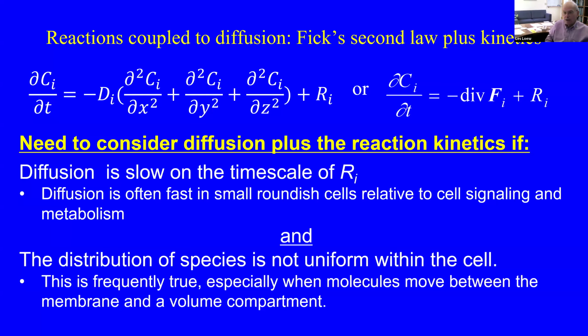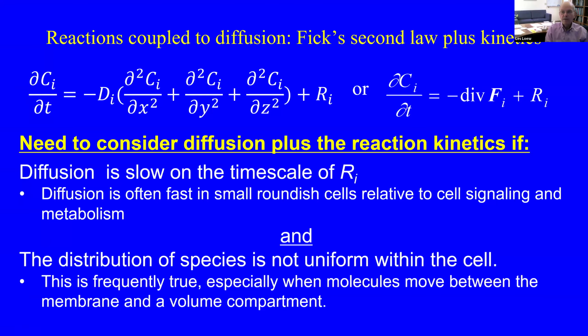Assuming, of course, that the reactions then affect downstream reactions that occur in the cytosol or, say, in the nucleus. So if there are membrane reactions involved, then movement of molecules between membranes and a volume compartment, diffusion may be important. But then we have the second consideration, which I actually put down here first.